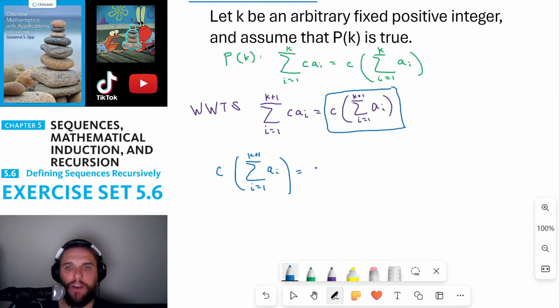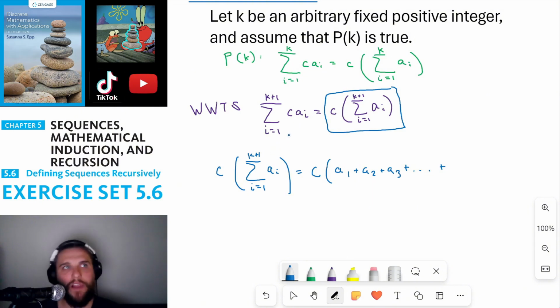But just to remind you, I'm going to show you explicitly how to do this by writing this series in expanded form. If we iterate the index variable I from 1 to k plus 1, this is just a sub 1 plus a sub 2 plus a sub 3 plus ... plus a sub k plus 1. That would be the last term.